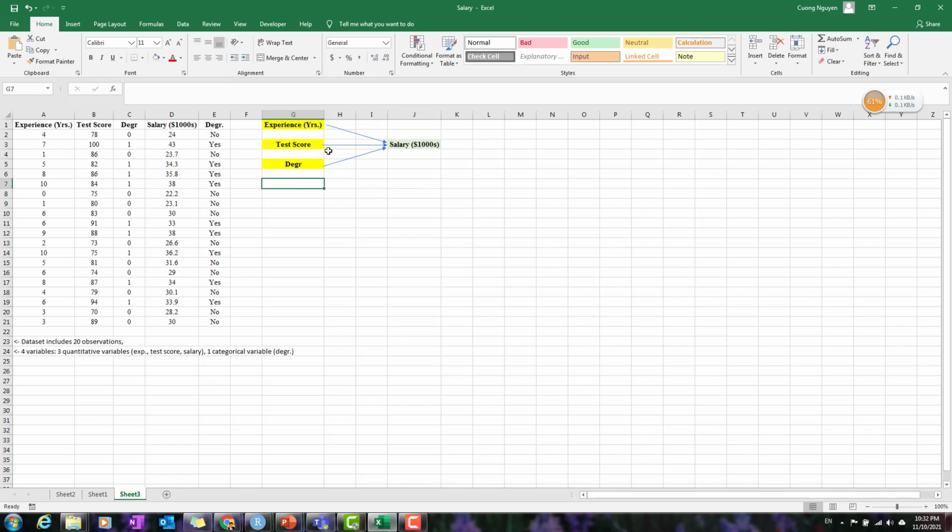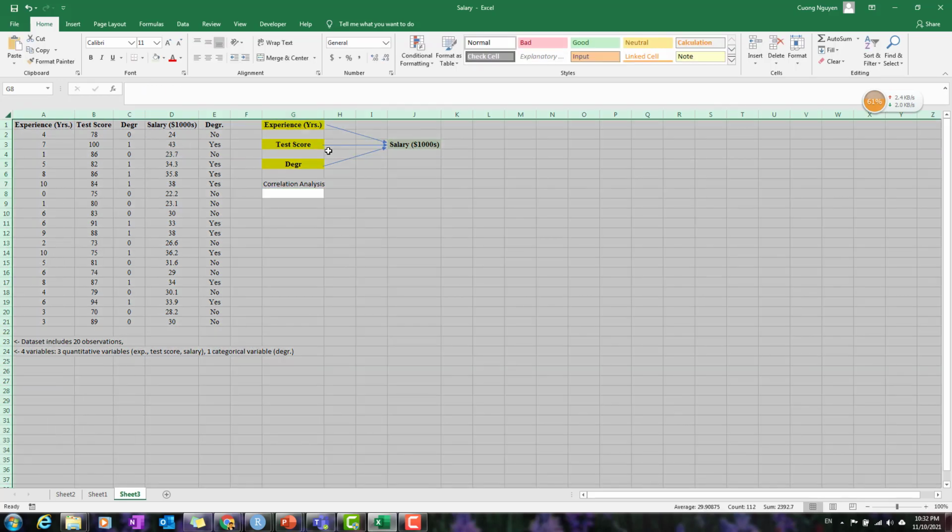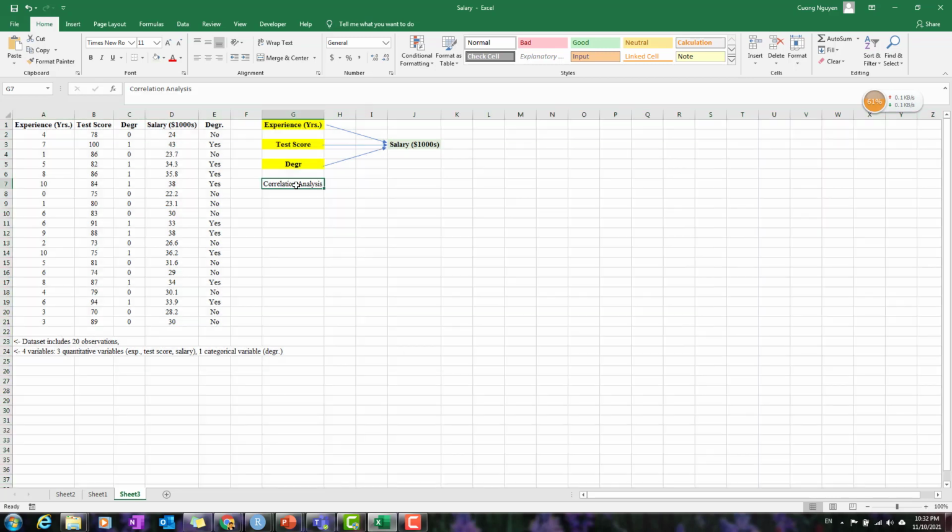So first of all, we're going to do the correlation analysis, right? I want to change everything into Times New Roman, so it's more comfortable for me. With the correlation analysis, we have two ways to do it. Remember, the first way is the scatter plot.